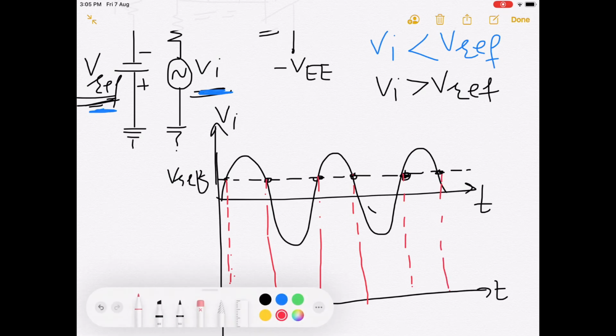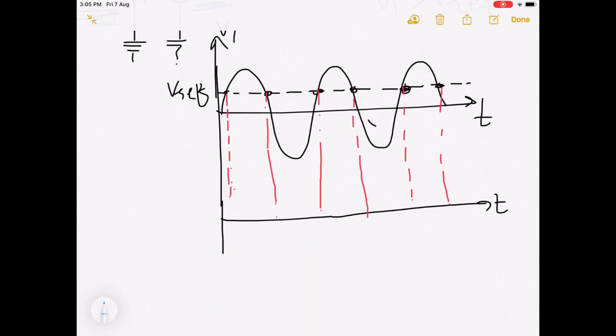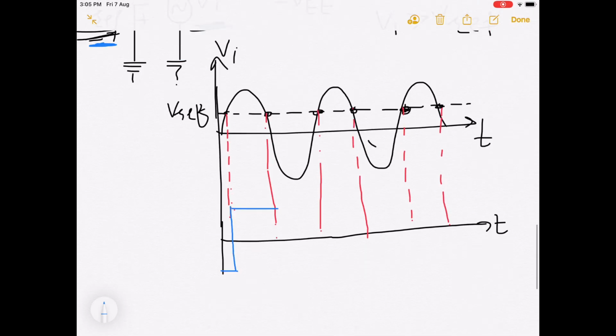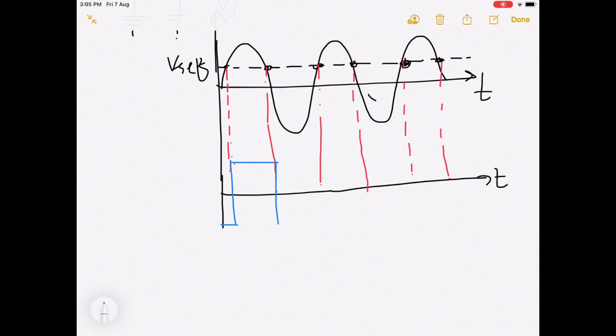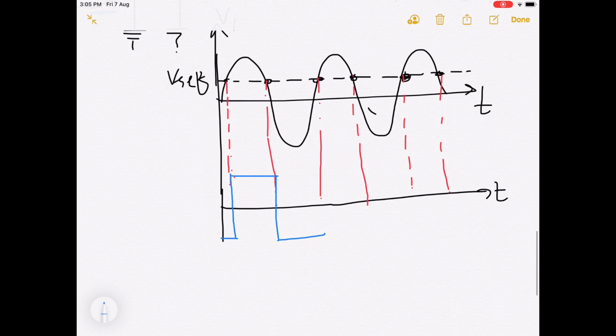Then you have to draw the waveform. When Vi is greater than V reference, your output will be plus Vsat, and when Vi is less than V reference, it is minus Vsat. According to that, you have to plot the waveforms.